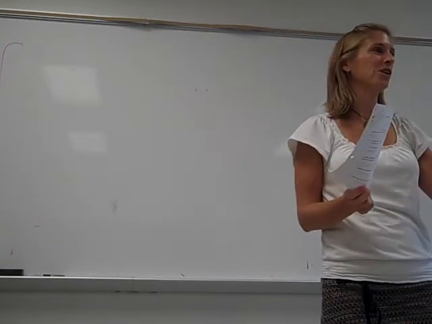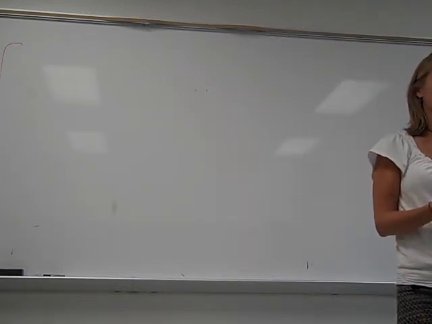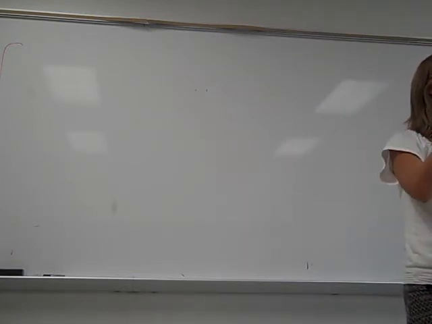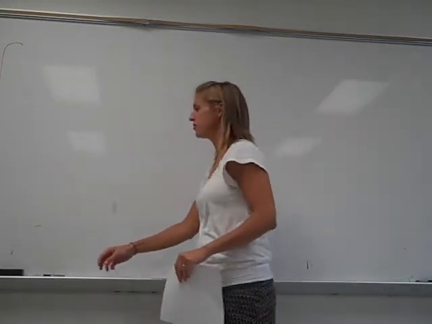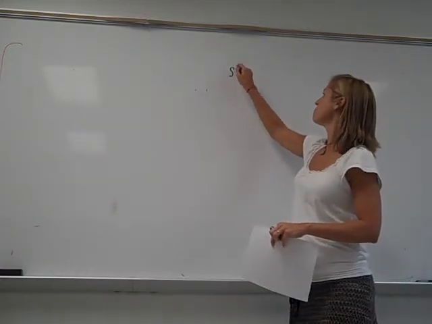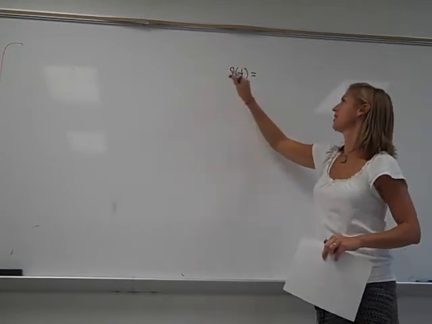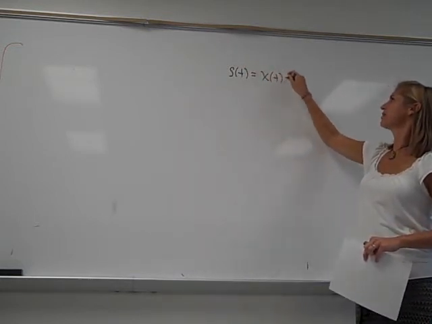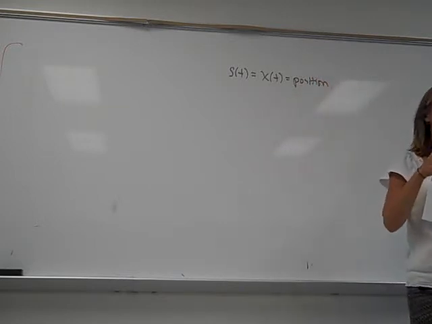So, what you need to know about physics is, when you look at the top of this page, we have one main function that we start with, and that's the position function. In a position function, we use the letters s of t, or in physics, x of t, to equal position. And position literally is talking about where something is.